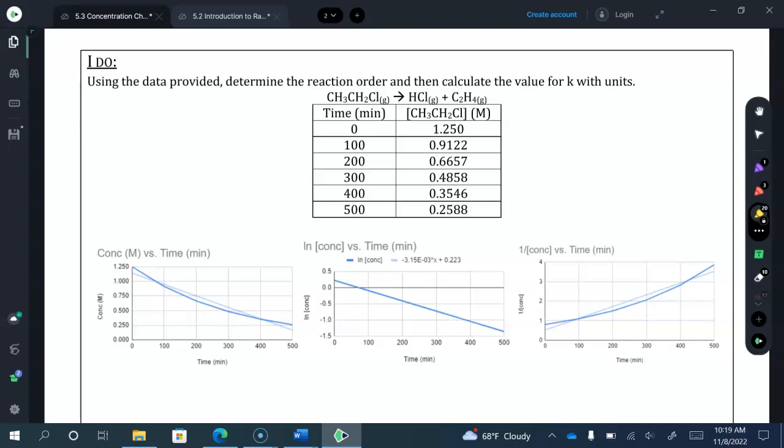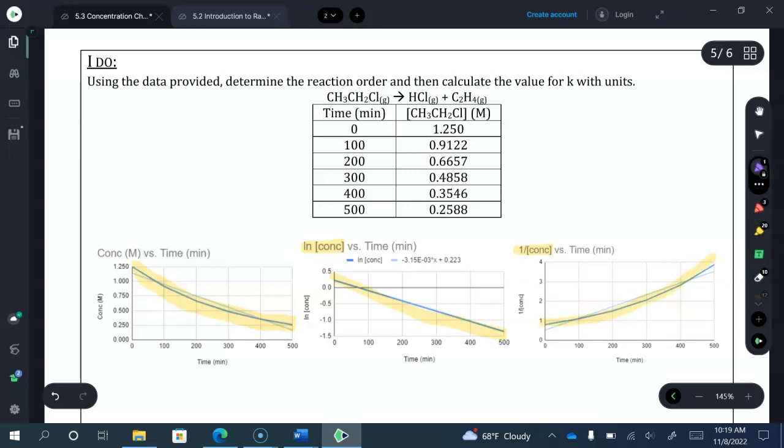Okay, so when we look at this and we focus, we see that we have a curve for the basic data, your data as is. If we plot the natural log of the concentration versus time, we have a linear line. And then if we do the inverse, we see it curves again.